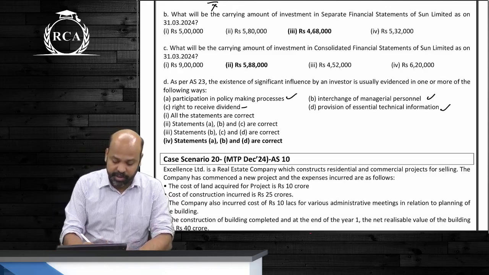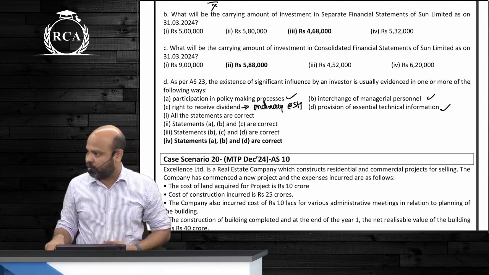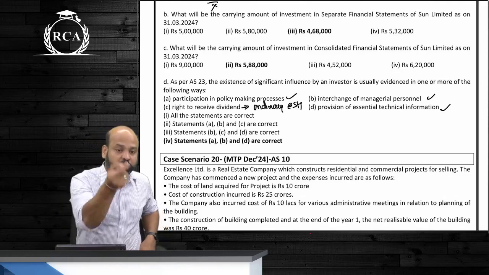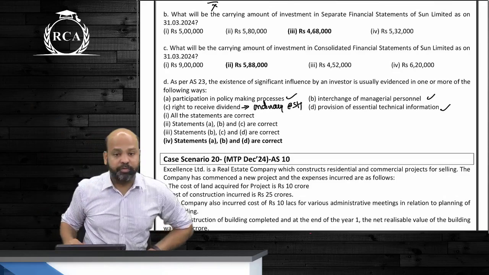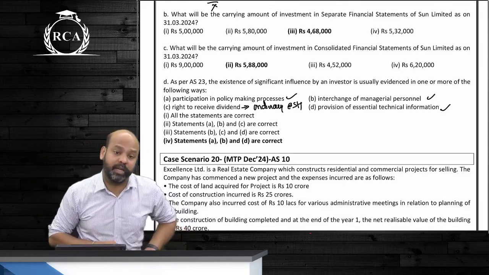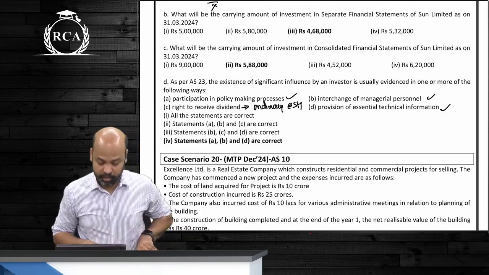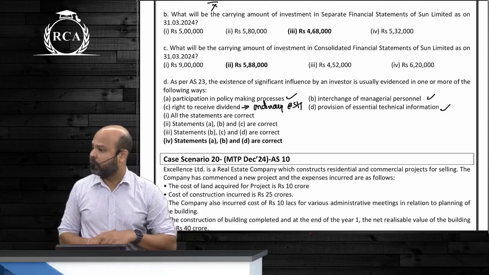Right to receive dividend, guys, is any ordinary equity shareholder. For that, you do not need to have significant influence. If you own one share also of Reliance Industries, won't you have the right to receive dividend if they're declaring dividend, guys? बाकी तीनों points के साथ बेटा will come only when there is significant influence. Are you clear about this?